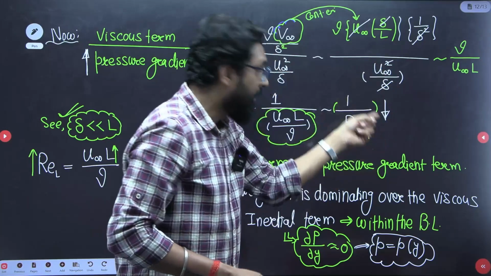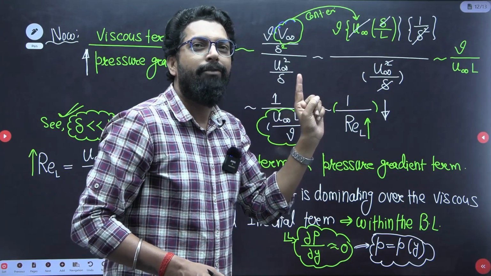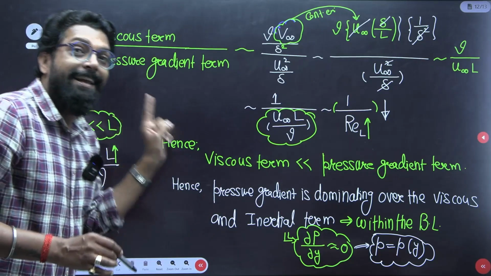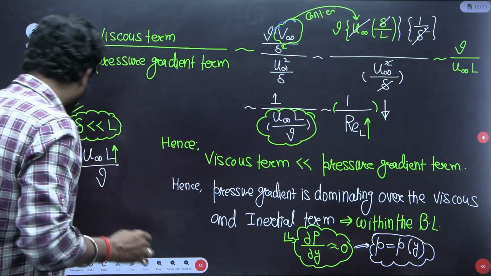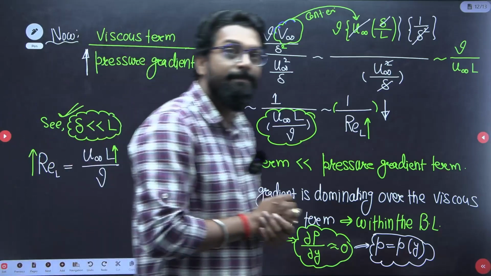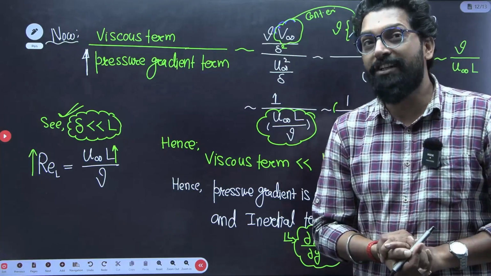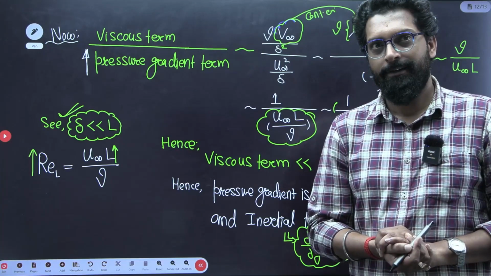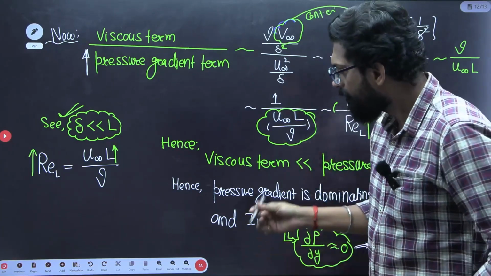This is also a very important analysis. If delta is less than L, the Reynolds number is very high. So the situation we have to consider is higher Reynolds number.